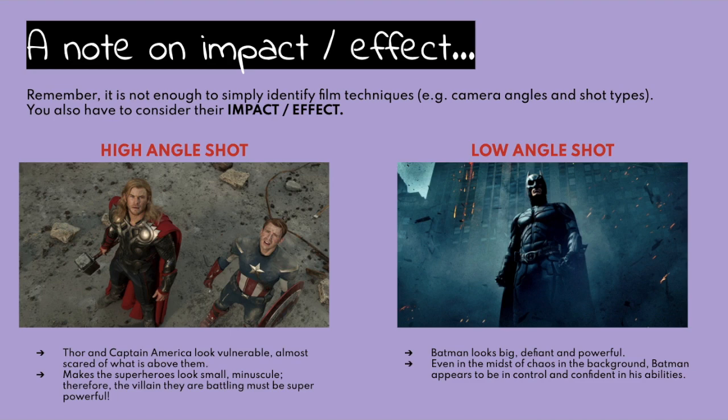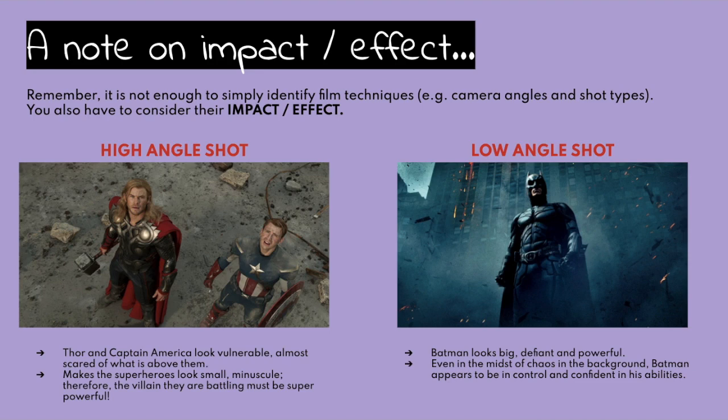Now on the flip side, we've also got a low angle shot, and the effect of this low angle shot of Batman is that it makes him look really big, defiant, really powerful, and even in the midst of all the chaos in the background, where it looks like some shrapnel has been blown up, Batman still appears like he's in control and he's confident in his abilities.